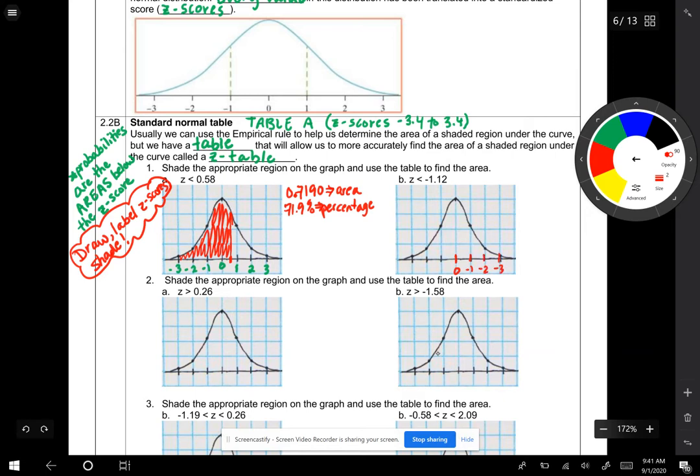Oops, that's a positive one. That's what I was thinking. Okay, and then negative 1.12 is just a tad to the left. Maybe not that much, but it's okay. They know what you're talking about. I know what you're talking about if you're shading the correct area. So we go to the negative z-score.